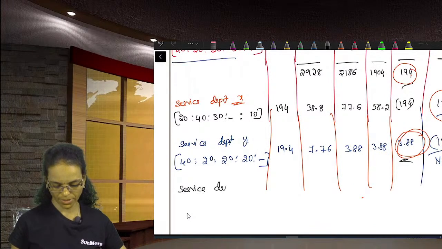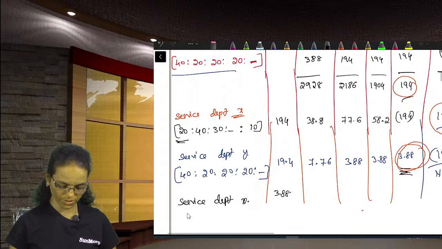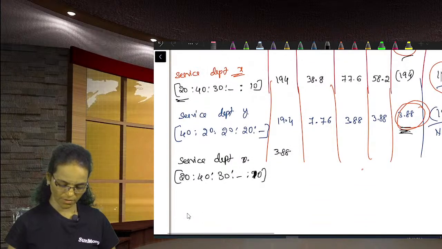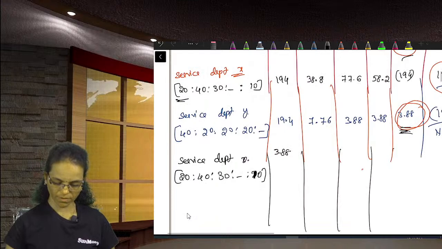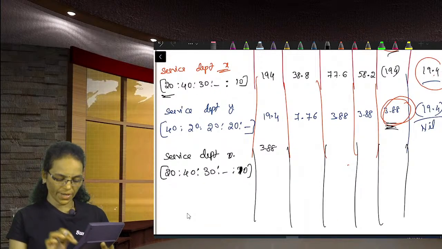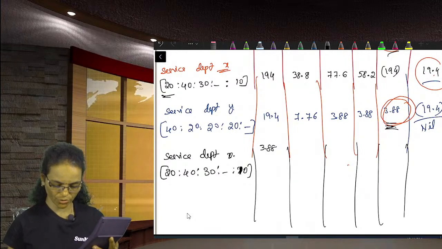Service department expenditure is 3.88. In what ratio? This one, 20:40:30:10. 3.88 into 20 percent is 0.776.